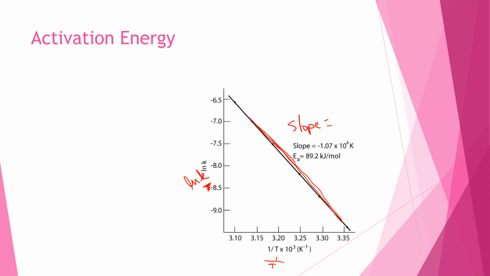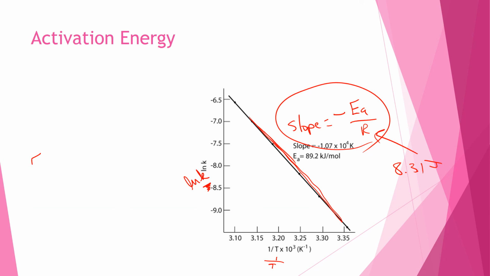Slope is equal to, it's a negative slope, activation energy over R. Now, this R is your 8.31 R because it's dealing with joules, with energy. So if I have this slope, then I can solve for activation energy, which is negative R times slope. So that is how I would calculate activation energy.